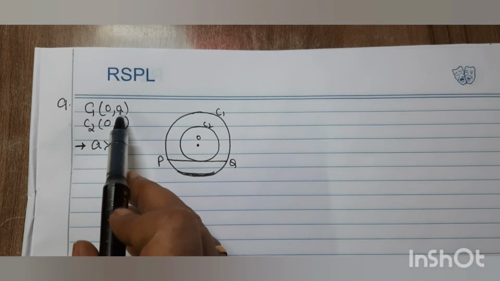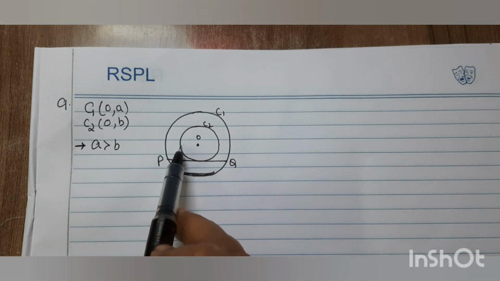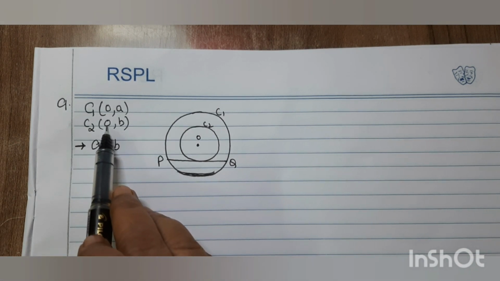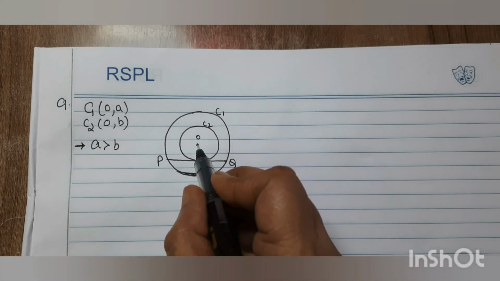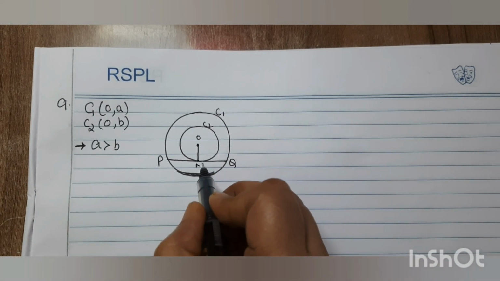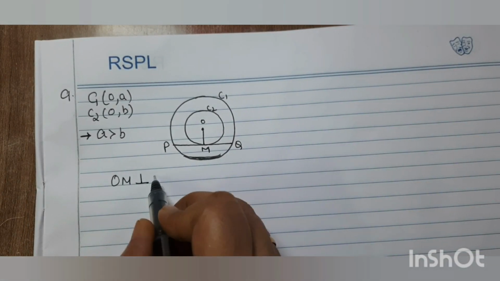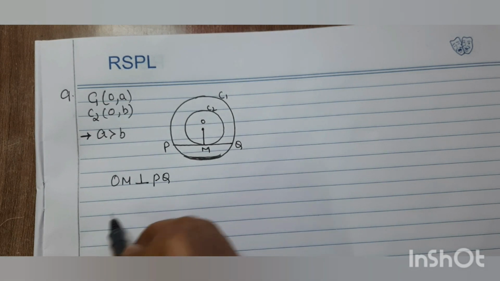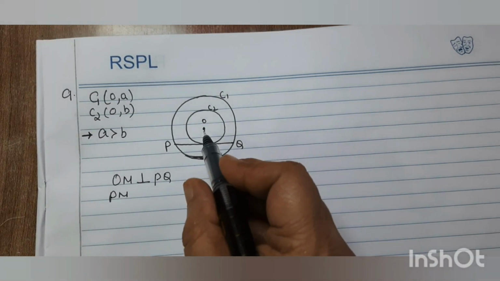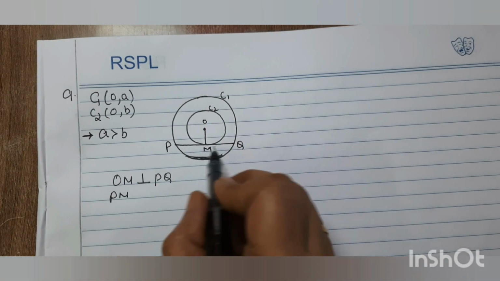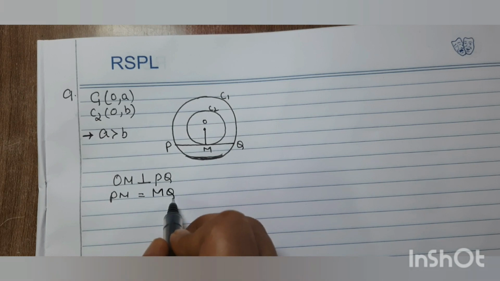C1 with center O and radius A, and C2 is a smaller circle, concentric, with center O and radius B. Now if I draw OM, it will be OM perpendicular to PQ. So PM will be equal to MQ, by the 9th standard theorem: a line drawn from the center to the chord bisects the chord.